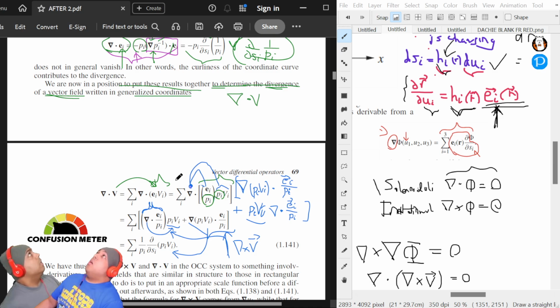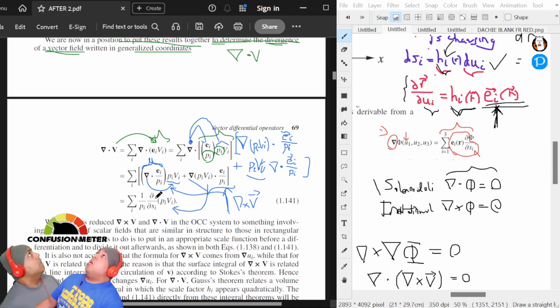So now we have this. PIVI, we still need to differentiate it. Yeah, EI. We can change the gradient. We saw over here that you can use operator identities.